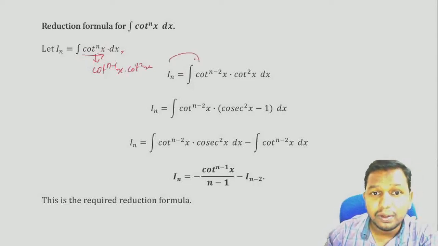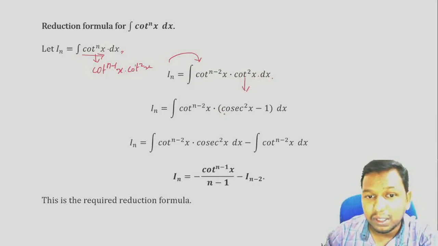So I_n is equal to the integral of cot^(n-2) x cot^2 x dx. From the formula, cot^2 x is nothing but cosec^2 x minus 1.